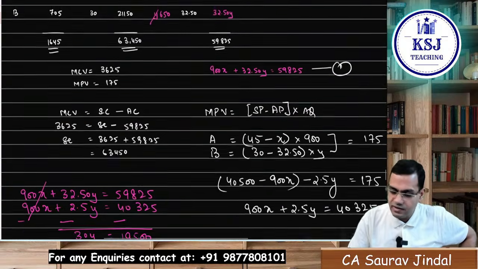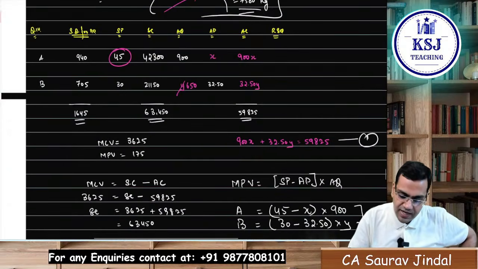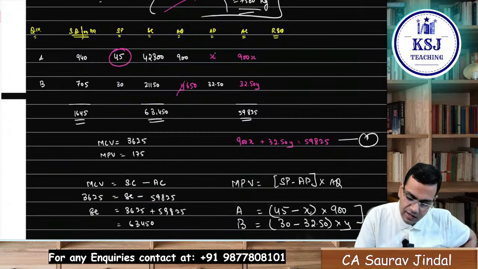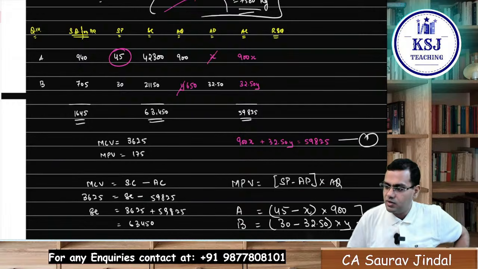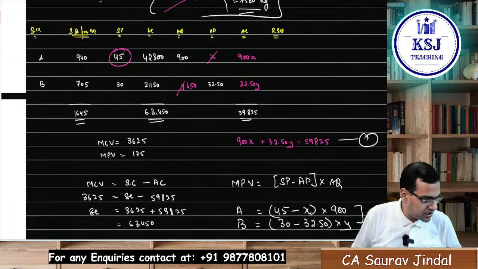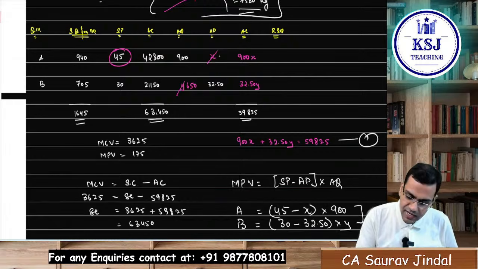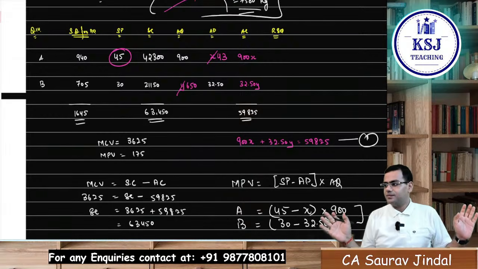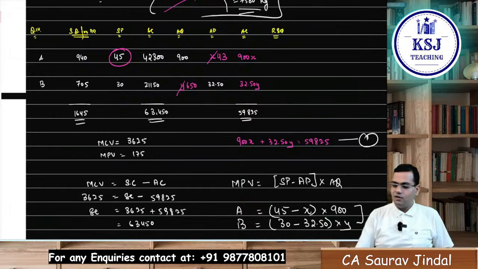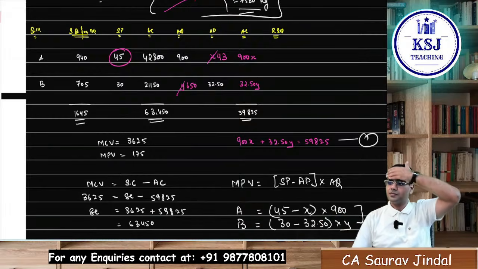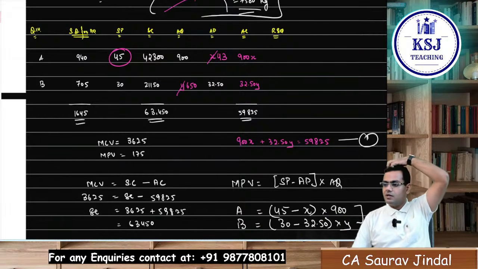What will be the value of X here? X is 43, absolutely correct. X here is 43 that you will get. Now you can solve everything. Yes, correct. You need two equations, so we have framed two equations from here.